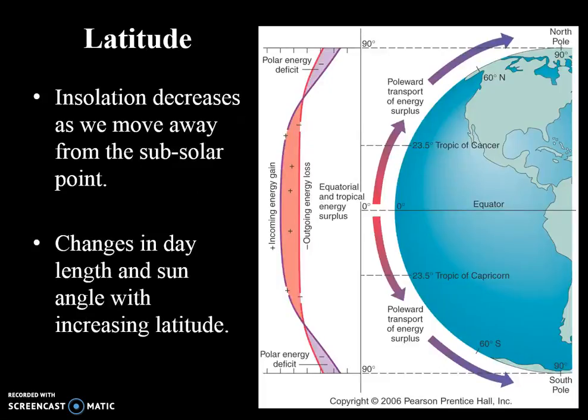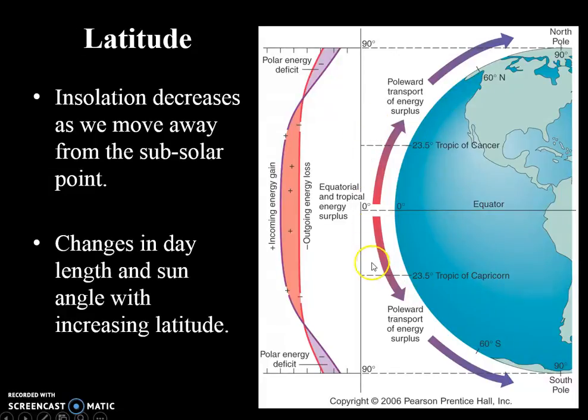Now, we did talk about latitude and how the distribution of incoming solar energy is different. We have a surplus of energy between the Tropic of Cancer at 23.5 degrees north and the Tropic of Capricorn at 23.5 degrees south.